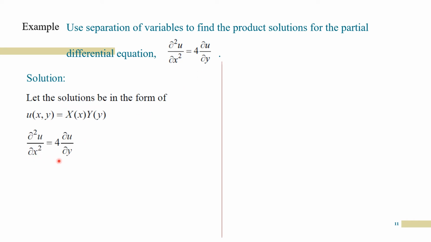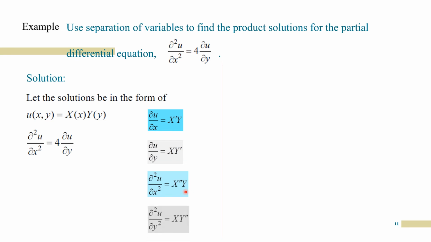Now, based on the fact that u is equal to X times Y, we have learned from the previous slides how to transform partial derivatives into ordinary derivatives. Okay, so we get ∂u/∂x = X'Y, ∂u/∂y = XY', ∂²u/∂x² = X''Y, and ∂²u/∂y² = XY''.